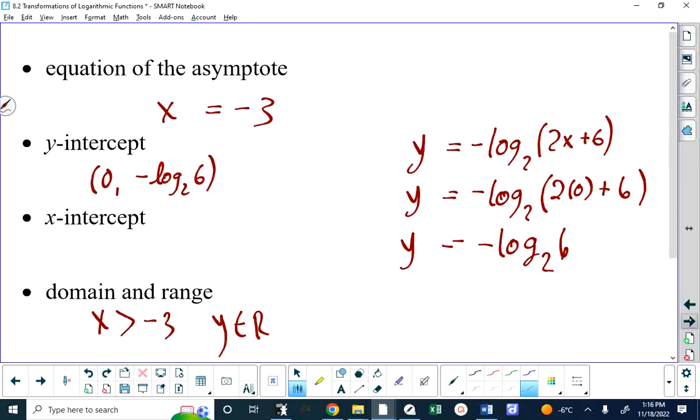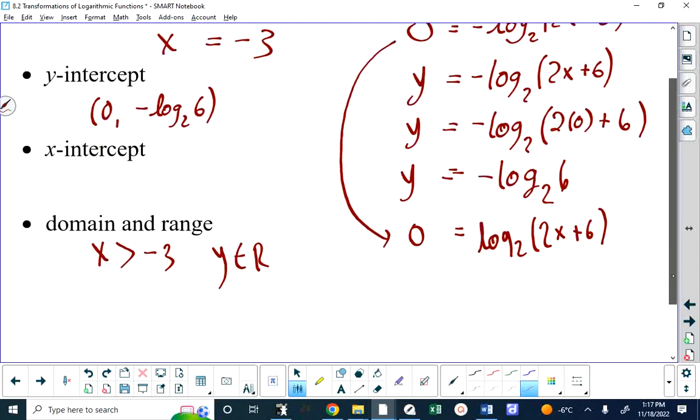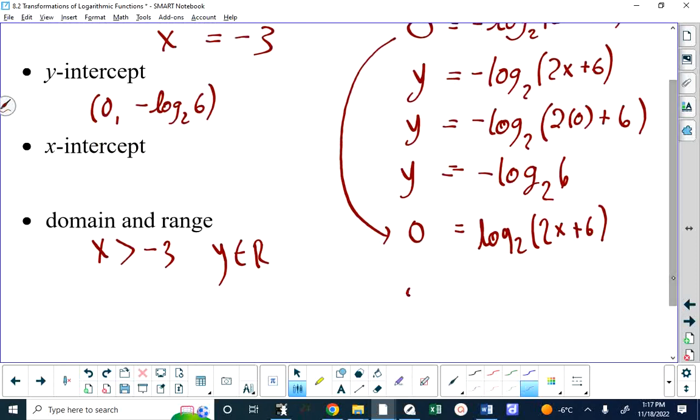What is the x-intercept? The x-intercept is found by making y 0. So how do we solve that? Well, I'm going to multiply both sides by negative 1 to get rid of that negative. I'm going to write this as 2 raised to the 0 equals 2x plus 6.